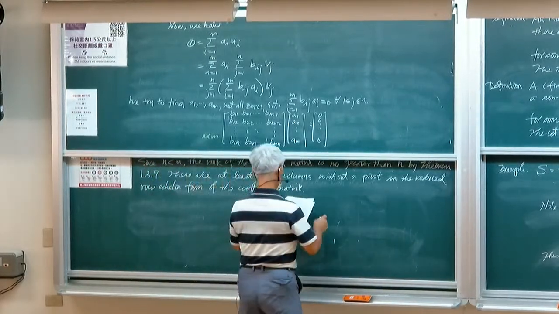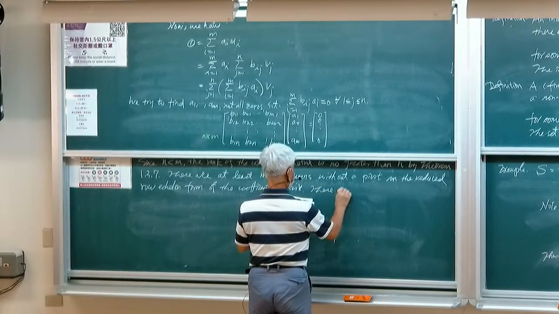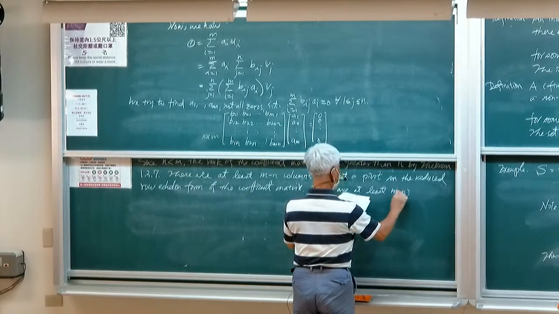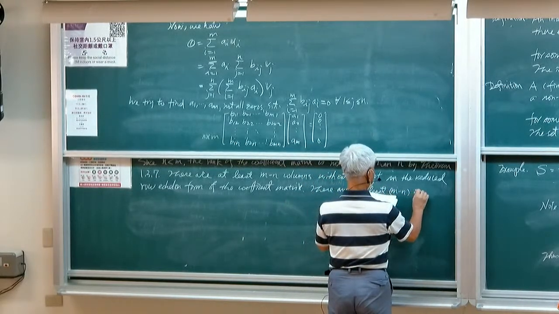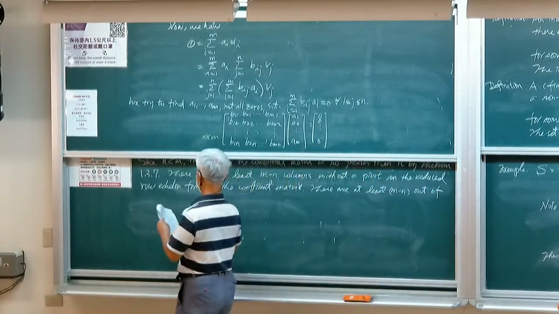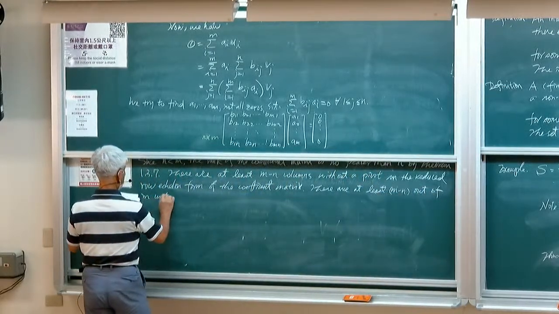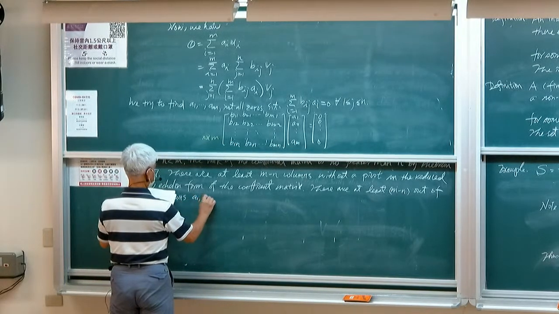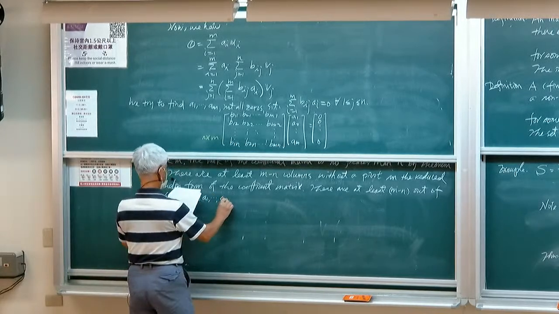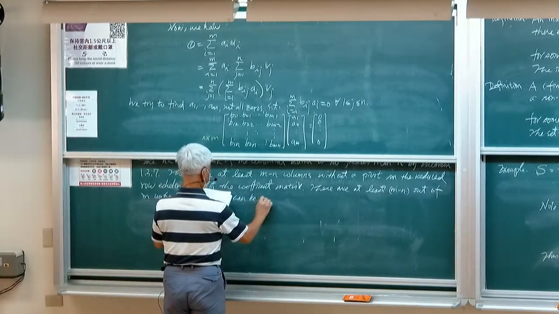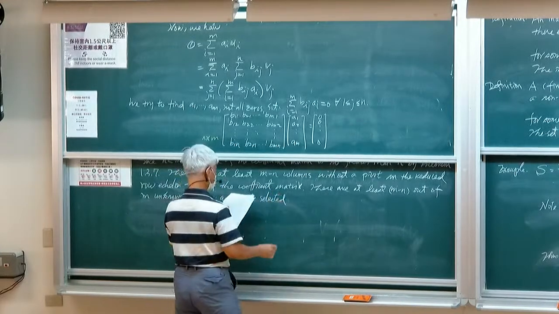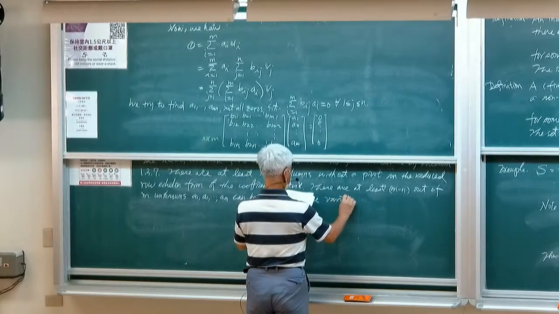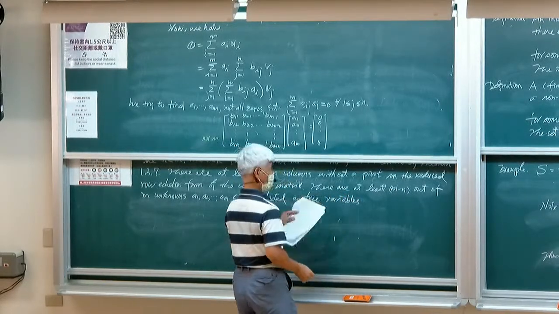So at least m minus n out of the m unknowns a1, a2 up to am can be selected as free variables.